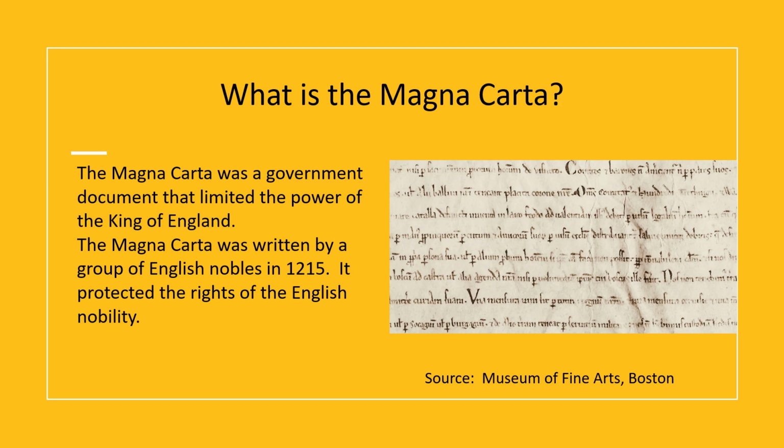By doing so, the rights of the English nobility were protected. So a group of English nobles, in essence, protected themselves, and they protected themselves by writing the Magna Carta, limiting the power of the King of England.